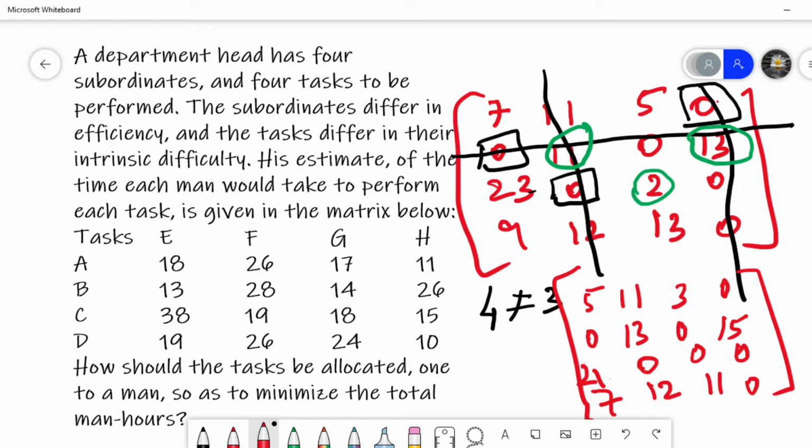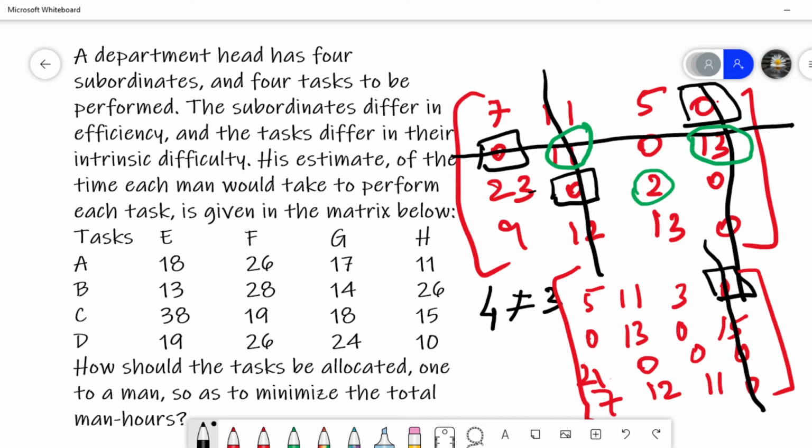Now we are going to do the row scanning and column scanning again. Okay. So in the first row we are having only 1 zero. Circle that 0 and draw the vertical line passing through that 0.